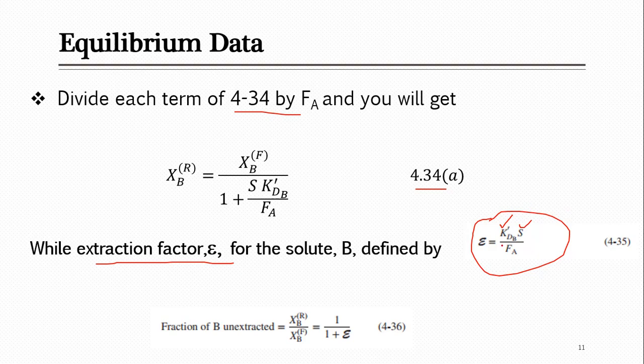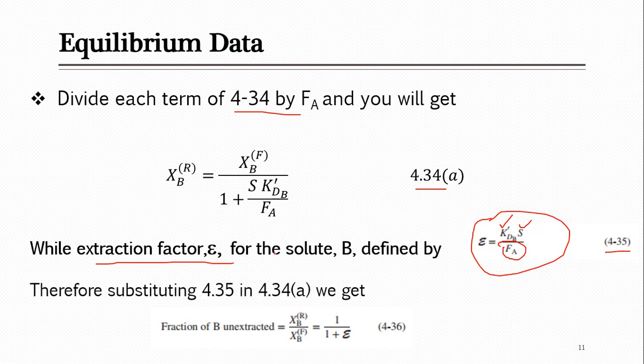And then there is FA, the feed. In the feed there is a solvent, the flow rate of that solvent carrier. So if I reduce its ratio or its amount, it will also help me to increase this epsilon, the extraction factor. So put this value from equation 4.35, epsilon, into equation 4.34a.